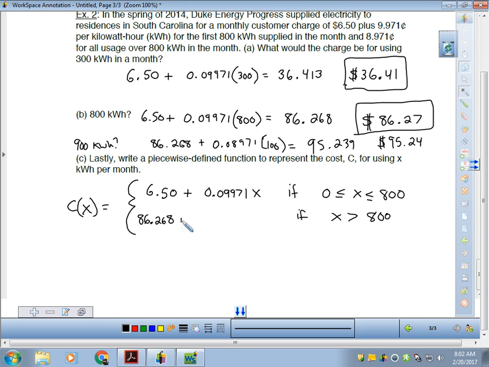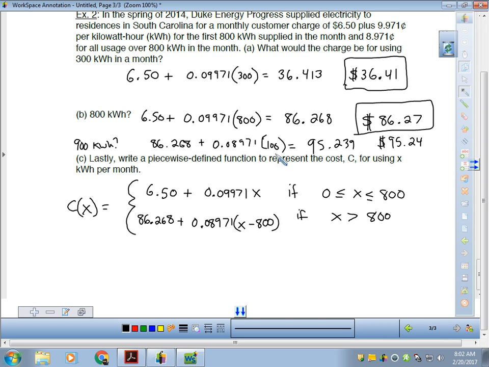So we're going to have plus 0.08971, but we don't want to multiply this by X, because if we multiply this by X, then I would be paying for this for the first 800 plus however much extra. Instead, what I need to do is multiply this by X minus 800. Okay? So that way I take away the 800 we've already used, and we only pay the additional bit for the stuff that's over 800.